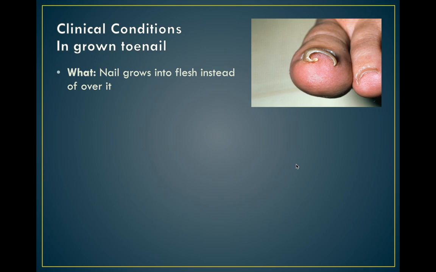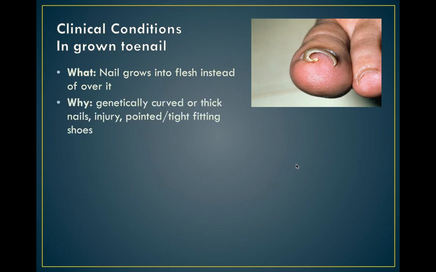This is when your nail grows into your actual skin instead of growing out over your skin like it's supposed to. Why might this happen? There could be a genetic predisposition for the growth of the cells and the production of keratin, the protein. And so genetically, you might have curved or thick nails.